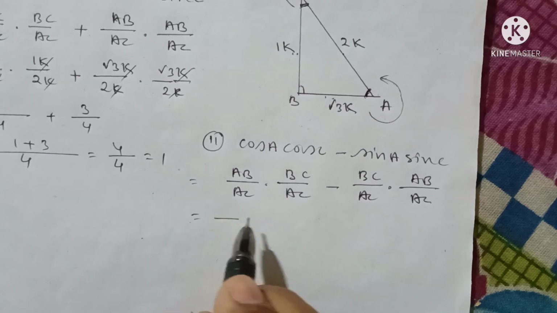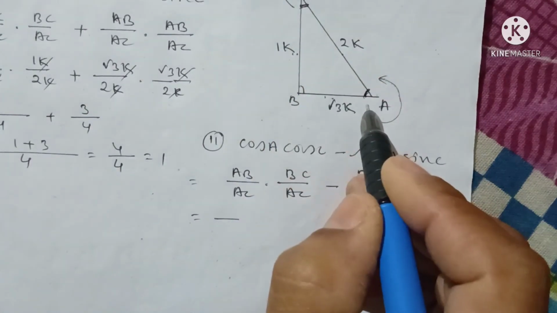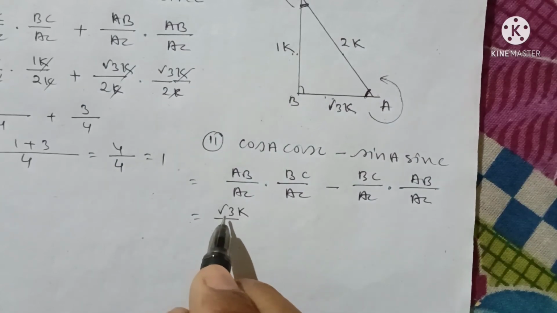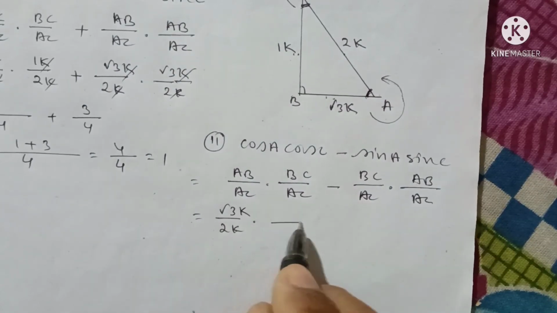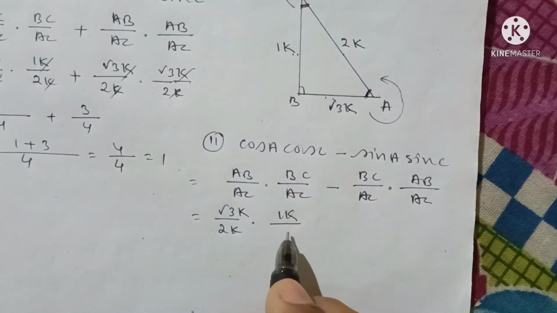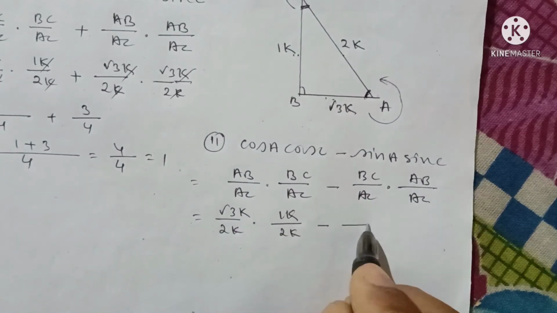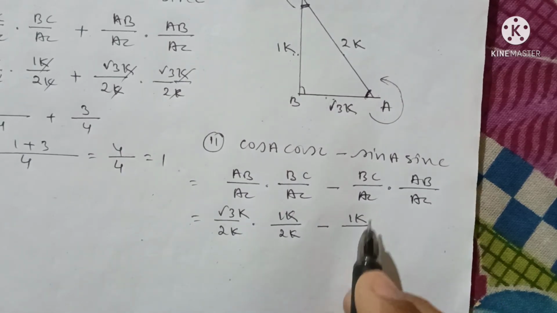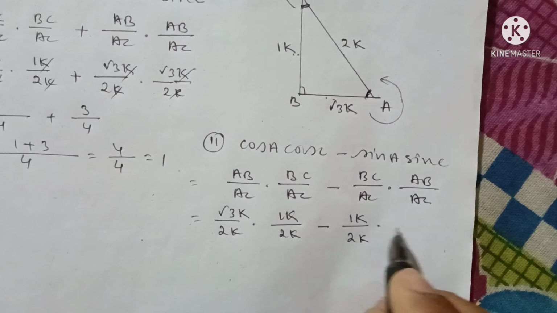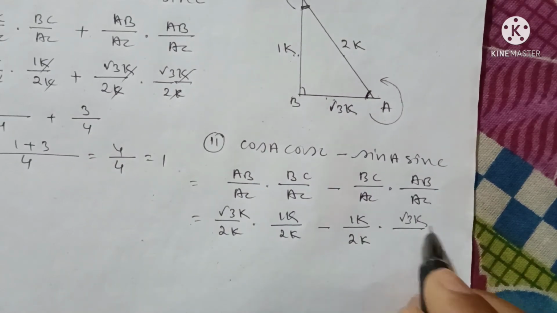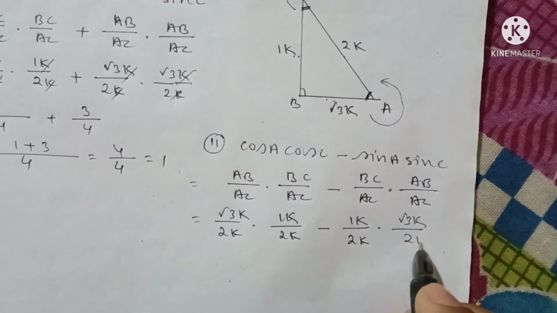AB is root over 3k, AC is 2k. Here BC is 1k, AC is 2k. Minus BC is 1k, AC is 2k. AB is root over 3k, AC is 2k.